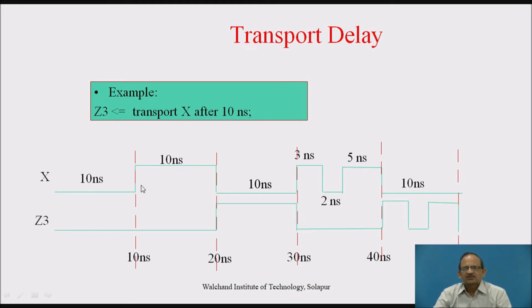Z3 is the same as this, but delayed by 10 nanoseconds. So this 10 nanosecond will appear at 20, 20 will appear at 30, 30 will appear at 40, and so on. So in this case, your value of Z3 will be same as x. So this is the transport delay, and this is how it works.